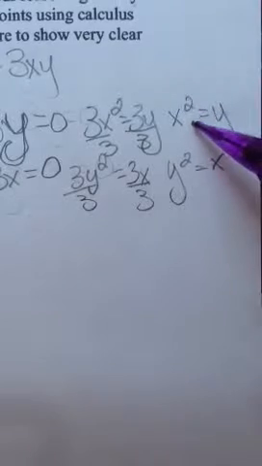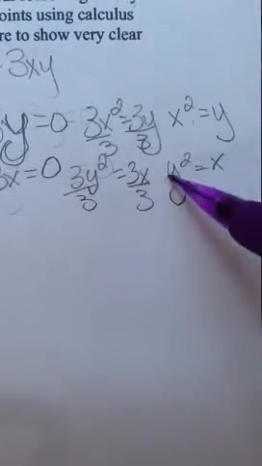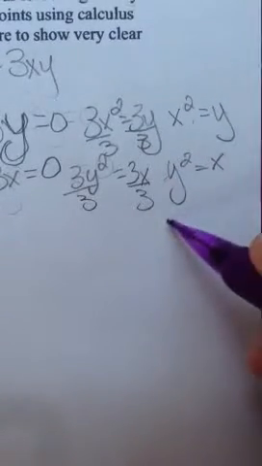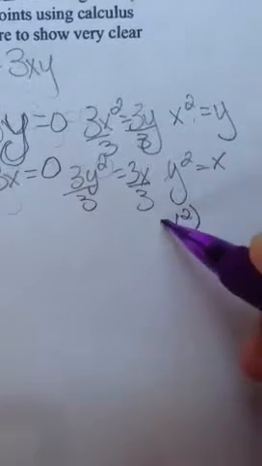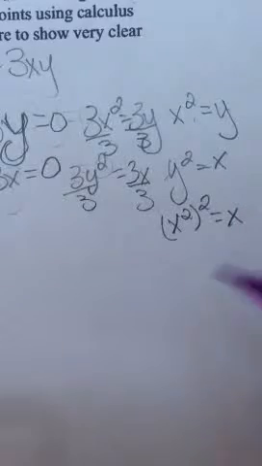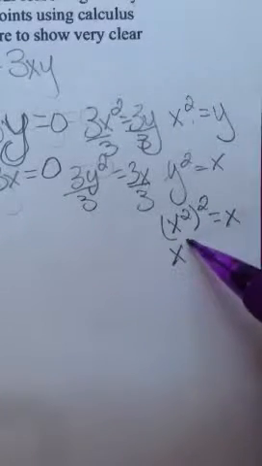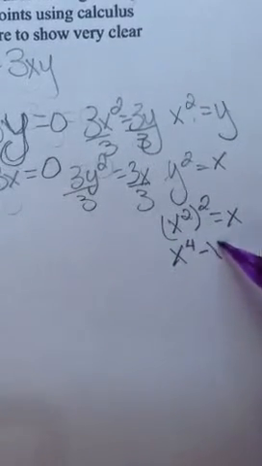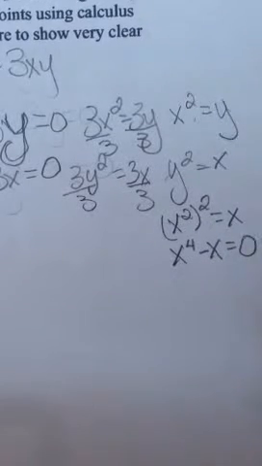So y is equal to x squared, so we can put the x squared in for this and do x squared equals x, or x to the 4th minus x equals 0.